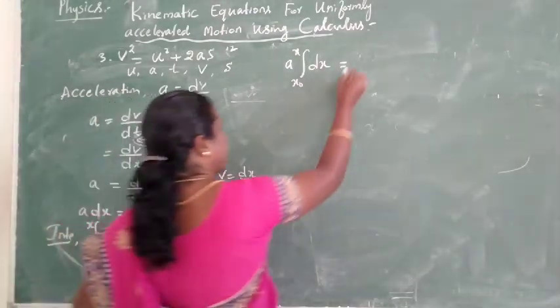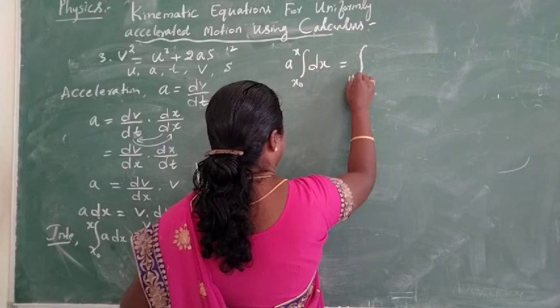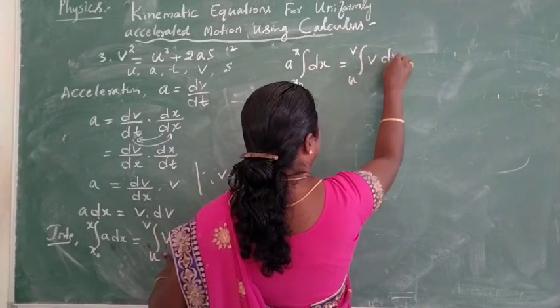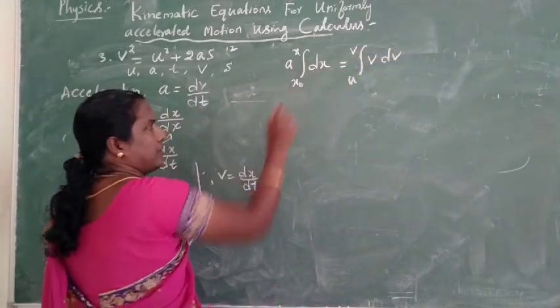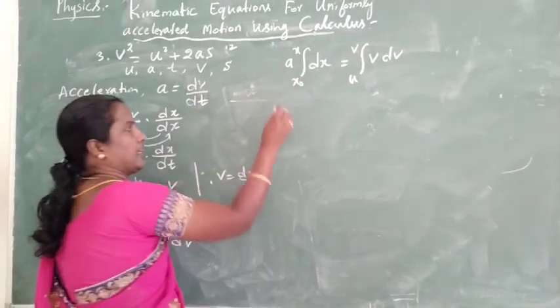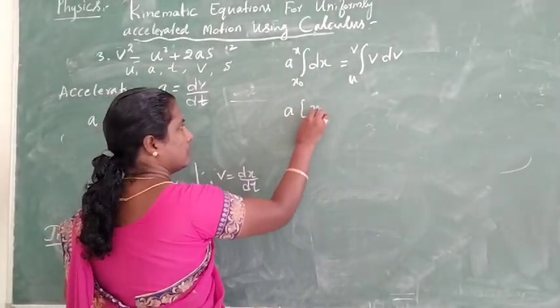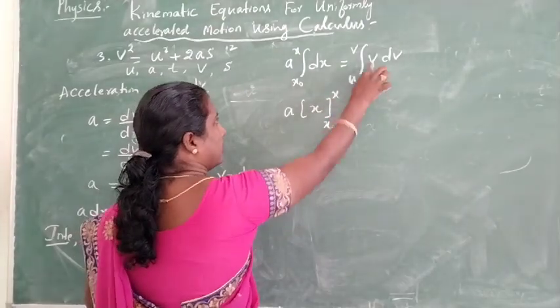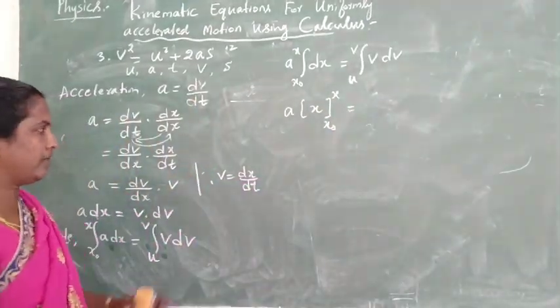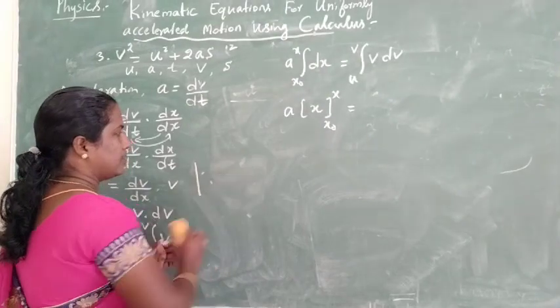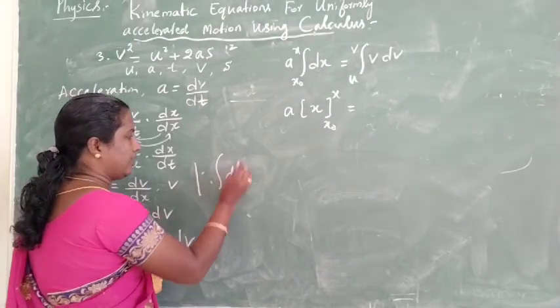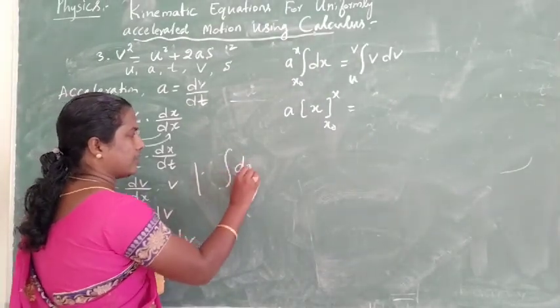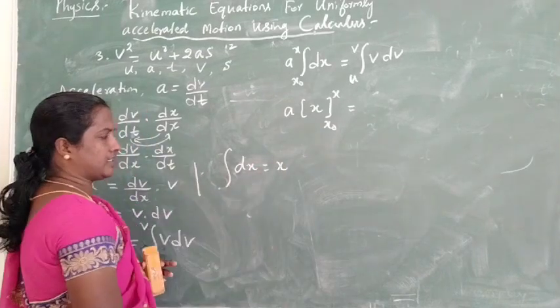So we use the other basic formula for v into dv. Now, the integral of dx will give the x value, with limits x0 to x. Here we are using the second formula; already we have written two formulas.